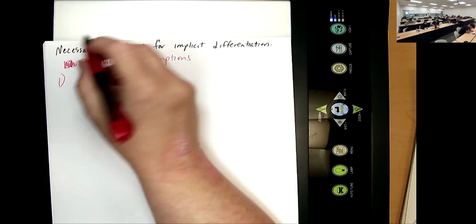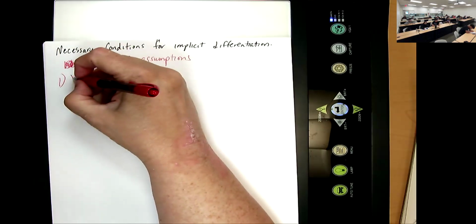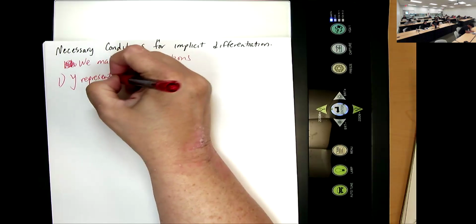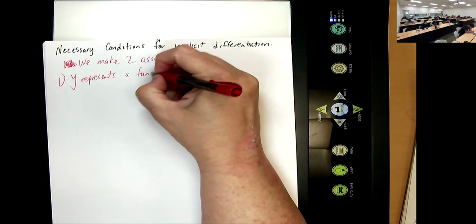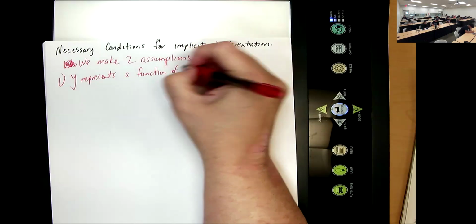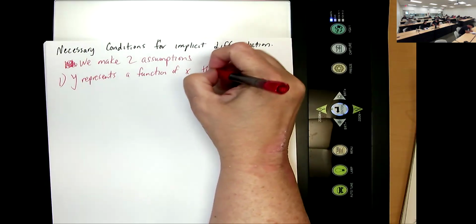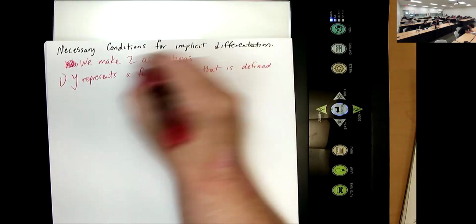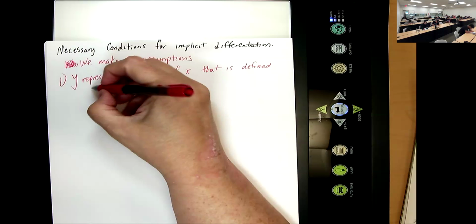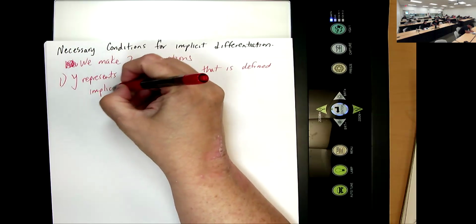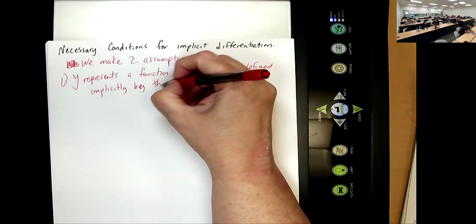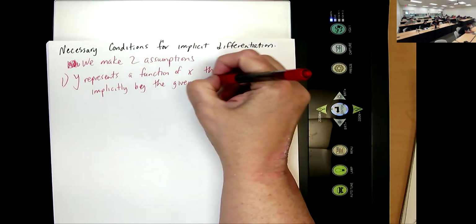Assumption 1, y represents a function of x that is defined implicitly by the given equation.